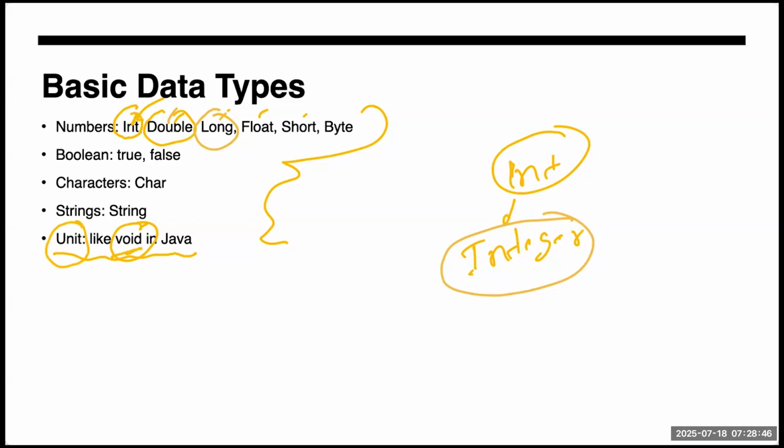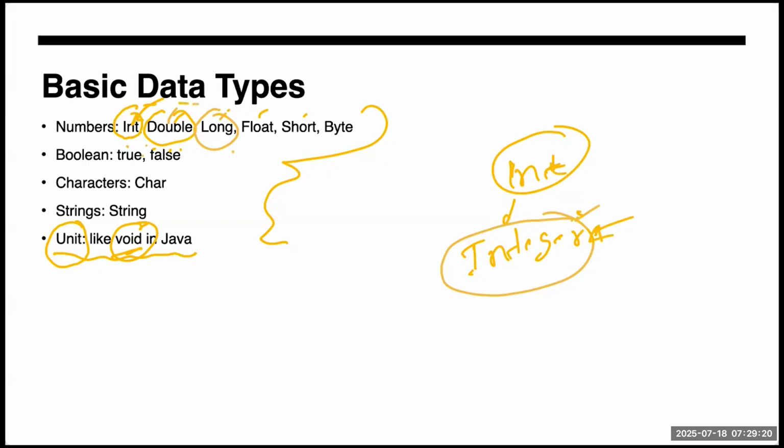Regarding these types, I told you they are not primitive. In Scala, int, double and the others are objects.